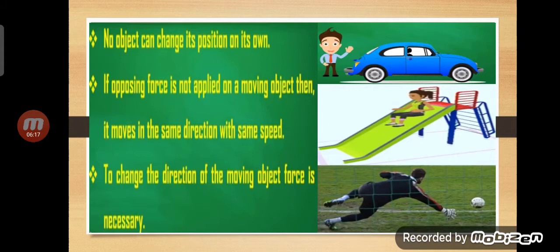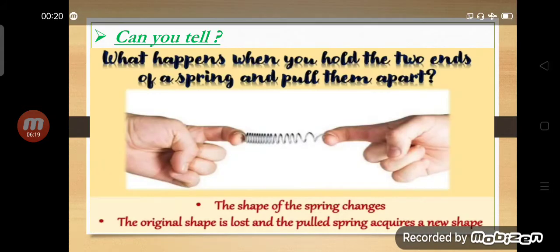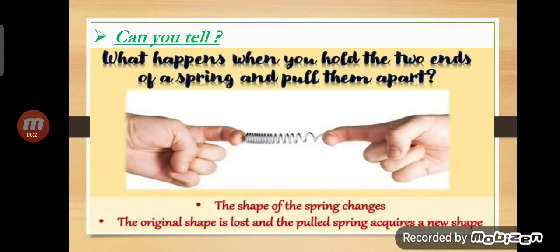Now, children, can you tell what happens when you hold the two ends of a spring and pull them apart? The correct answer is the shape of the spring changes and the original shape is lost, and the pulled spring acquires a new shape.